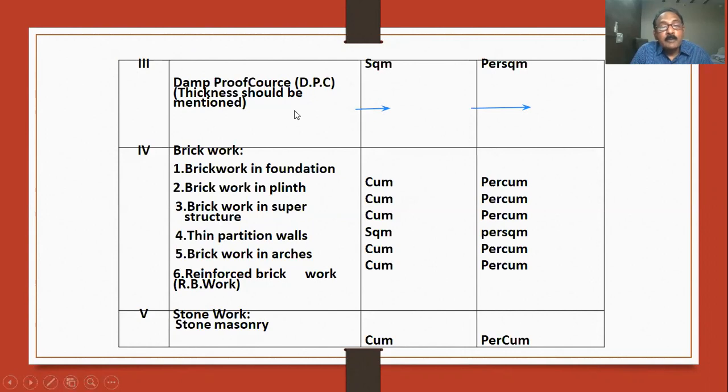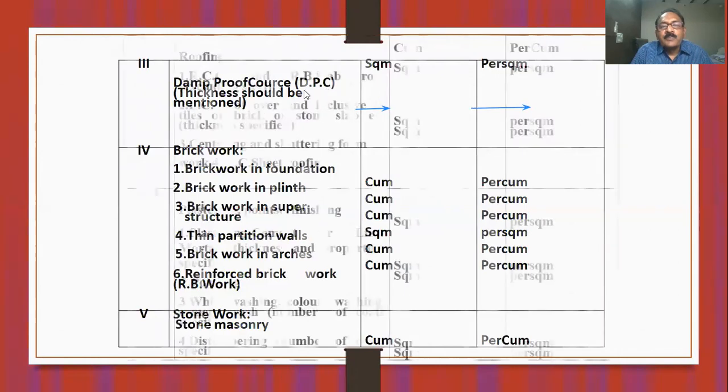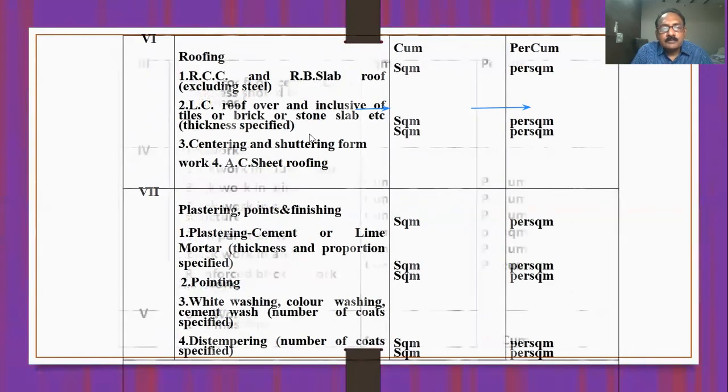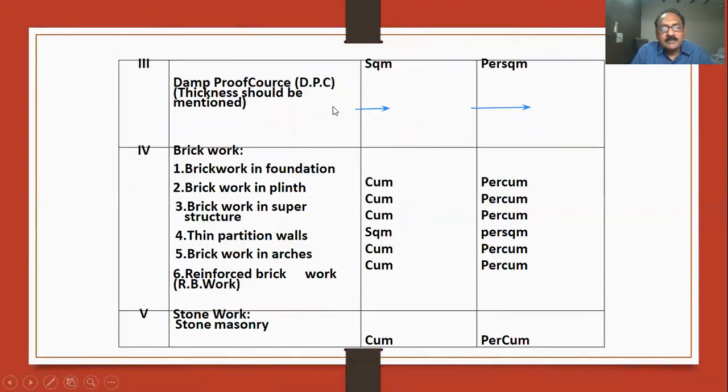Definitely you will get multiple choice questions. Generally in competitive examinations or interviews, you are asked this very basic concept question: what is the unit of damp proof course? I repeated it 2-3 times, you must remember these important points, because these are frequently asked questions.